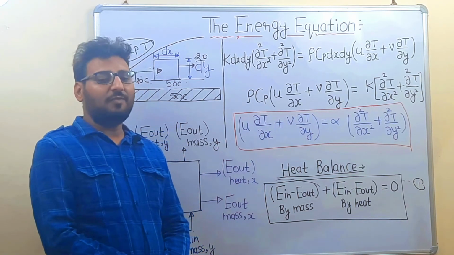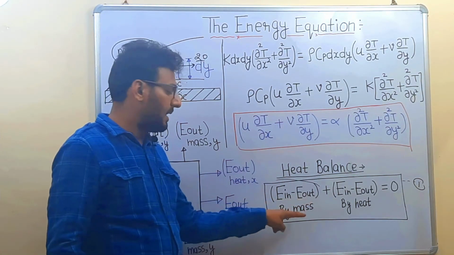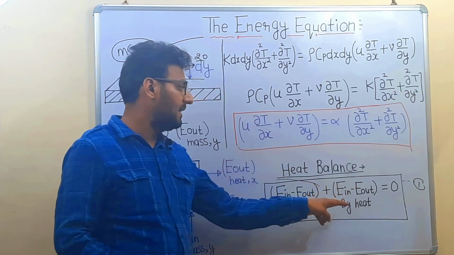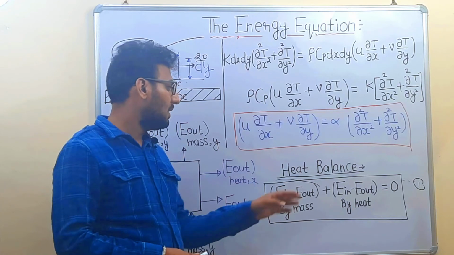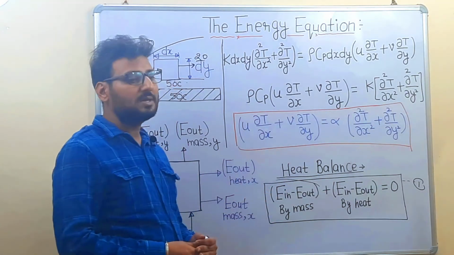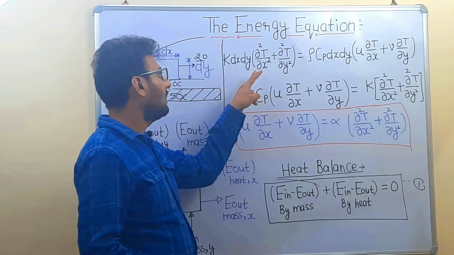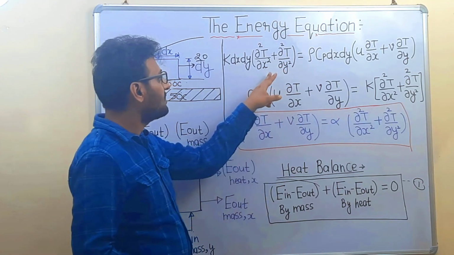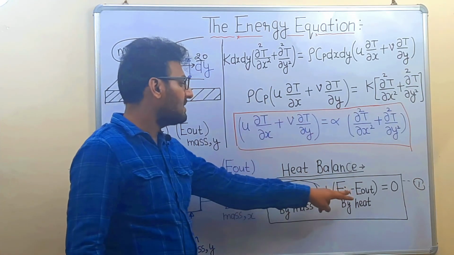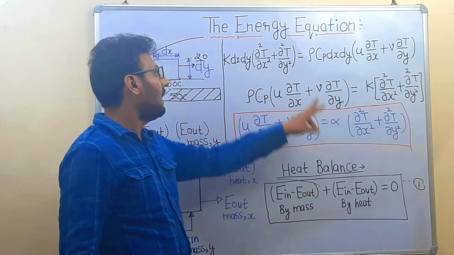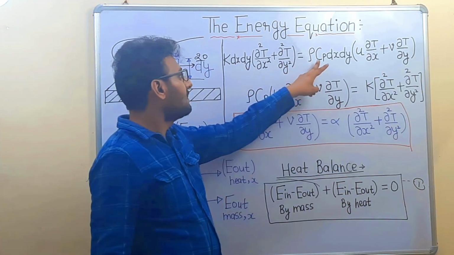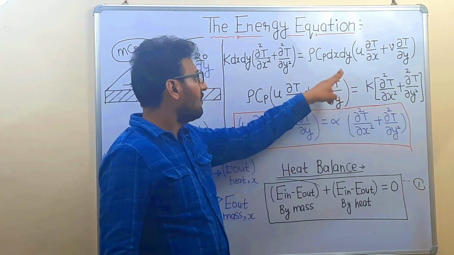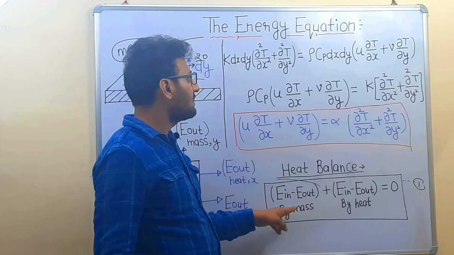Now after substituting the value of E in minus E out by mass from equation number 2 and E in minus E out by heat from equation number 3 into equation number 1, we will get the equation like this: K dx dy del square T upon del x square plus del square T upon del y square, which is the value of E in minus E out by heat, is equal to rho Cp dx dy u del T upon del x plus V del T upon del y, which is the value of E in minus E out by mass.